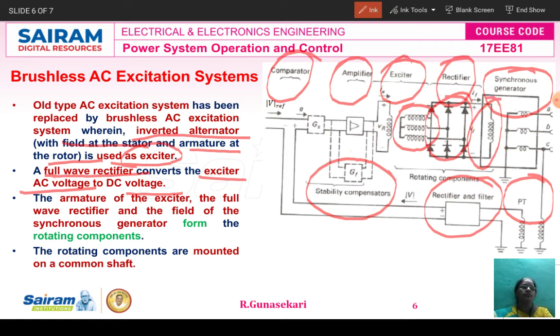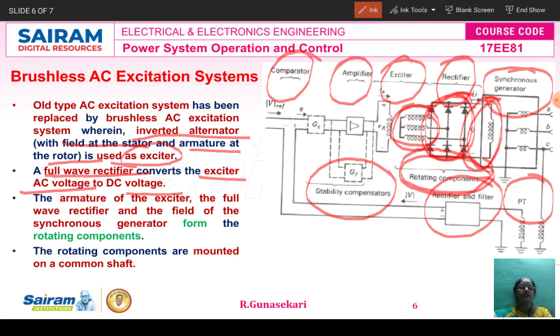All form the rotating components. The rotating components are mounted on the common shaft. That means the armature of the exciter, the full wave rectifier, and the field winding of the synchronous generator, all three form the rotating components, mounted on the common shaft only.